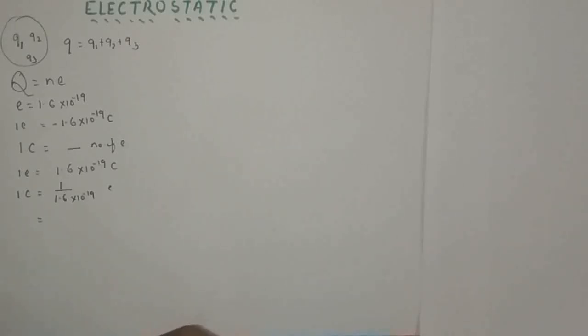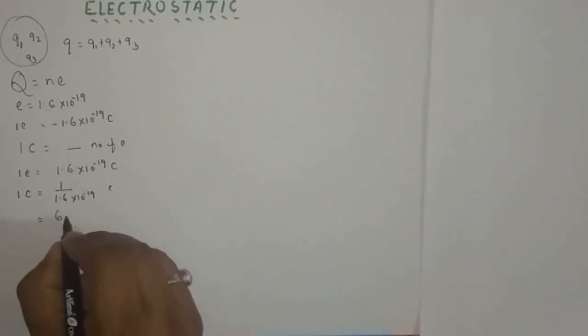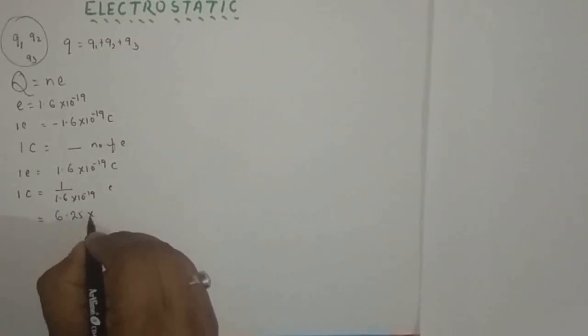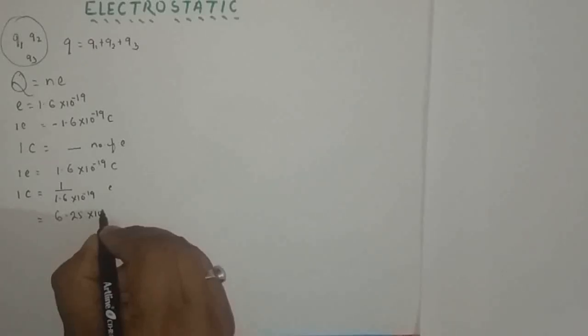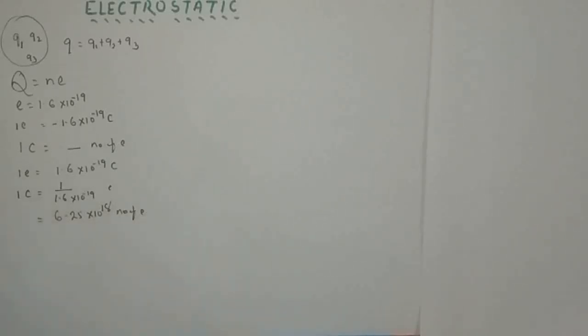You just calculate it. For the timing, maybe right or wrong, you just solve it. You will get 6.25 into 10 to the power 18 number of electrons. Please check it.